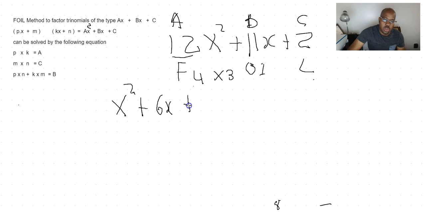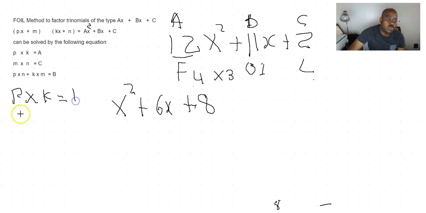Let's say I have this example, and they want me to factor this one, but in the example, as you can see, my a becomes 1. If a becomes 1, what's going to happen? I'm going to have p times k equal 1.